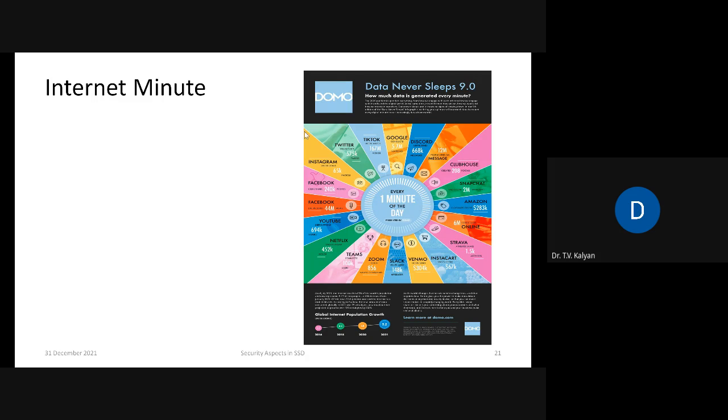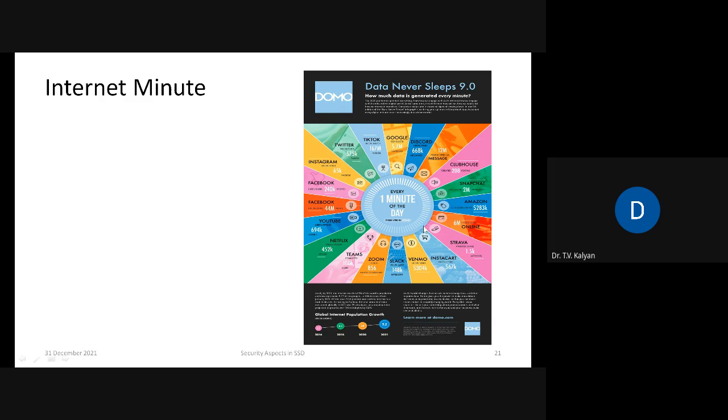The current iteration is the 9th one, and it labels these studies very interestingly: data never sleeps, right? Now, this particular organization was trying to track all the activities that were happening in a 60-second time window.